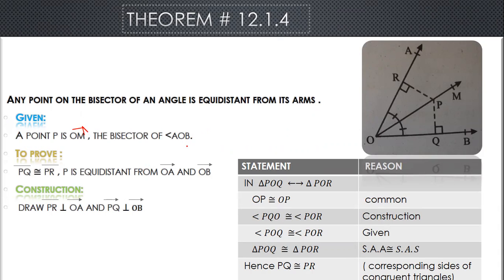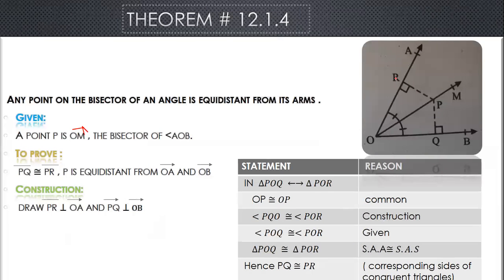To prove PQ is congruent to PR: P lies on OM, point Q lies on the arm OB, and point R lies on the arm OA.